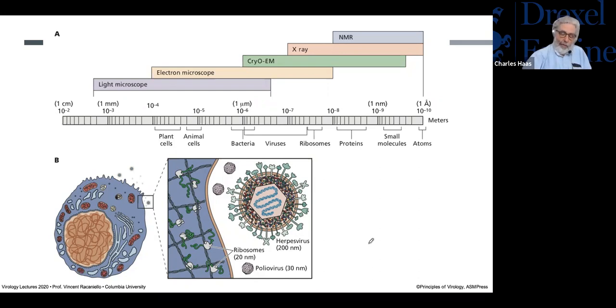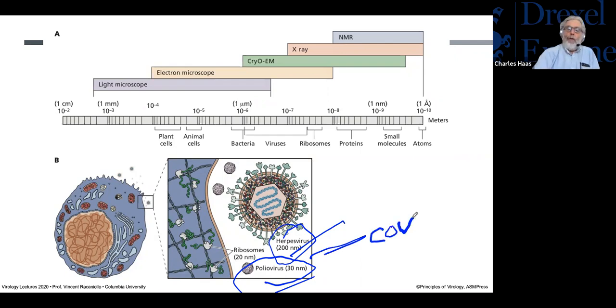As the figure on the bottom shows, we have viruses such as polio that are quite small, 30 nanometers, herpes virus, 300, our friend coronavirus is right in the middle, 50 or 60 nanometers.